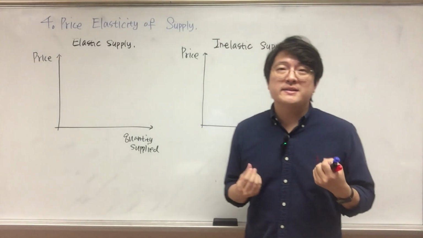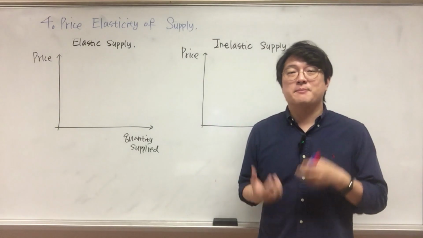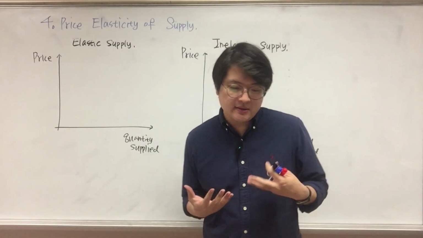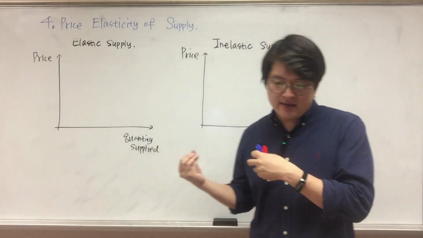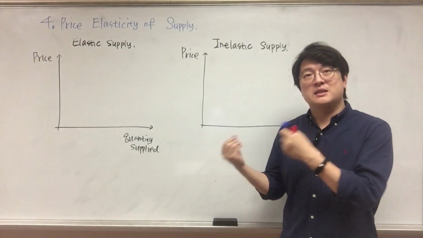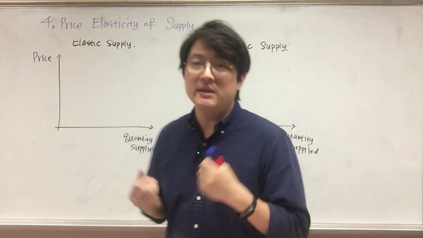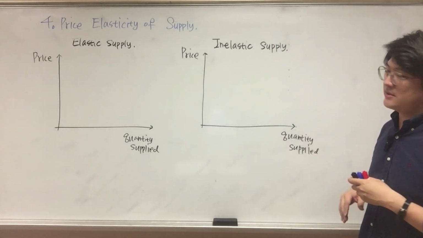So as you know, the price elasticity of supply always has a positive value, due to the law of supply. On the other hand, the price elasticity of demand always has a negative value because of the law of demand, right? So let's look at the elastic supply and inelastic supply.